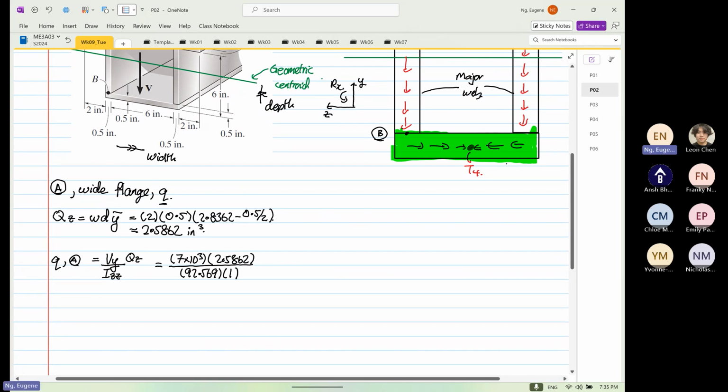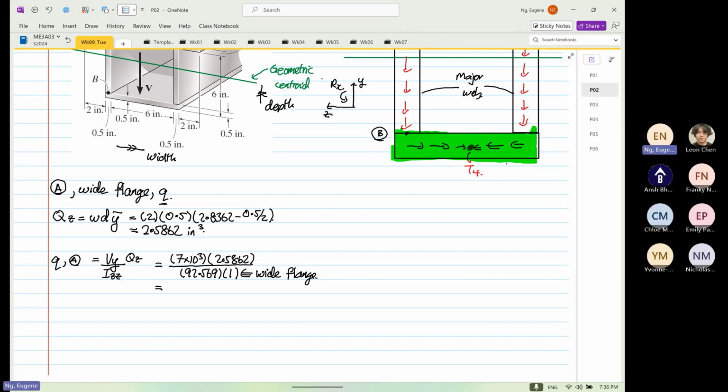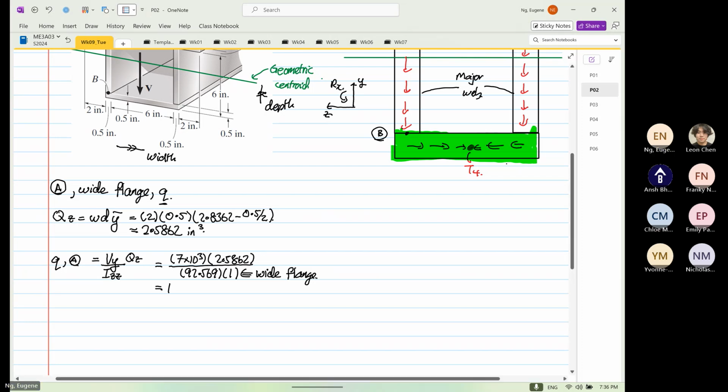I'm just going to put a 1 down here. Okay, in exam time or term test, you don't need to write this one because it is white flange. Okay, for learning purposes, I just write it down. So it's equal to 195.567 inches to the power 3.